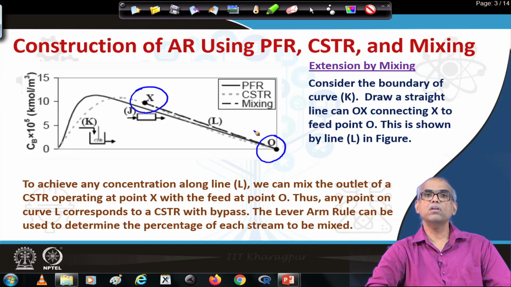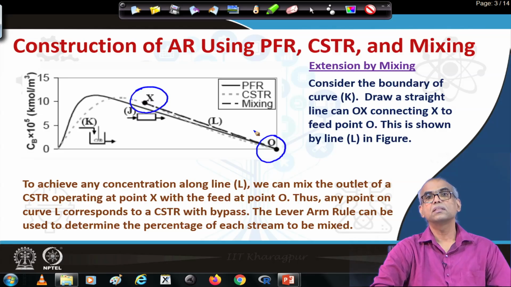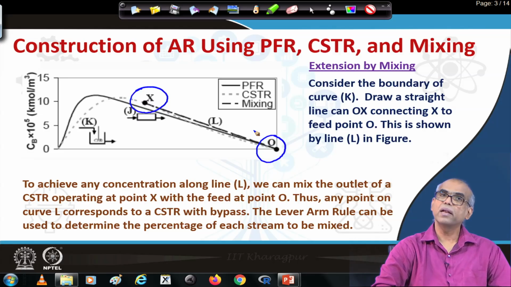So, this bypass is for mixing the feed with the effluent stream. The lever arm rule can be used to determine the percentage of each stream that needs to be mixed.